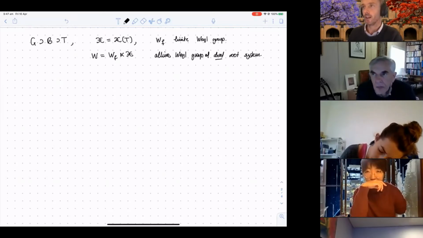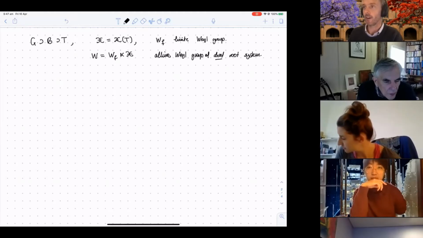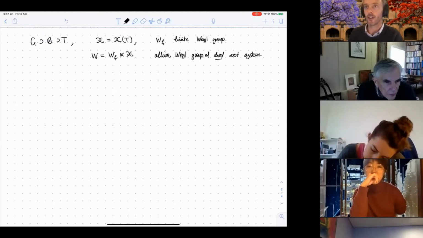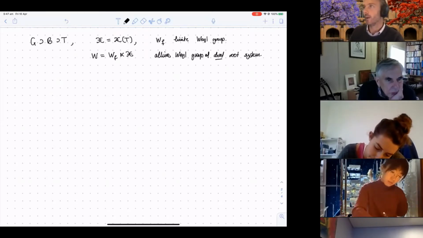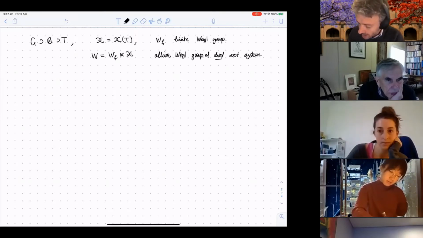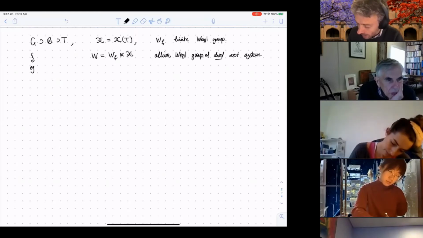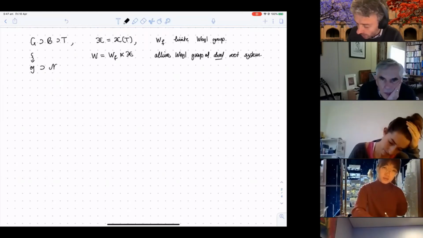So I could start with a root system and do everything, but then whenever I'm on the coherent side of these equivalences, I'd have to write checks everywhere and I'd go crazy. So I don't want to do that. And so we have the Lie algebra of G. And inside this we have the nilpotent cone.